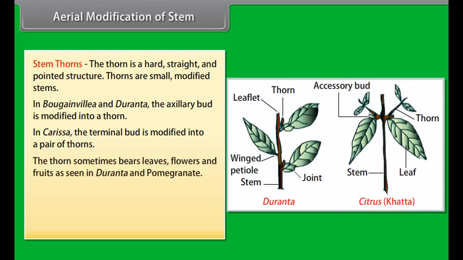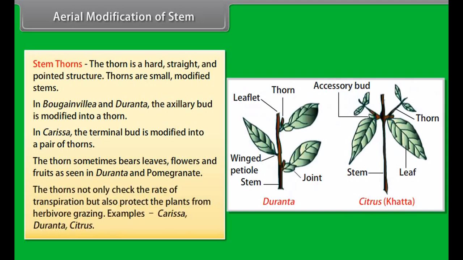The thorn sometimes bears leaves, flowers, and fruits as seen in Duranta and pomegranate. The thorns not only check the rate of transpiration, but also protect the plants from herbivore grazing. Examples: Carissa, Duranta, Citrus.